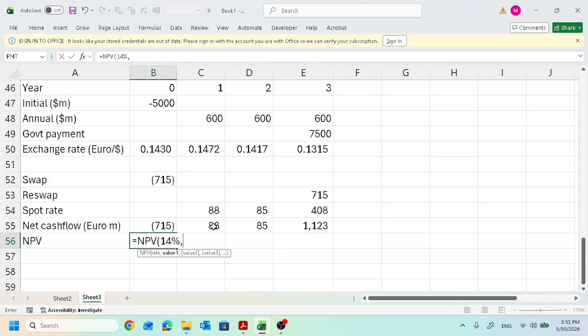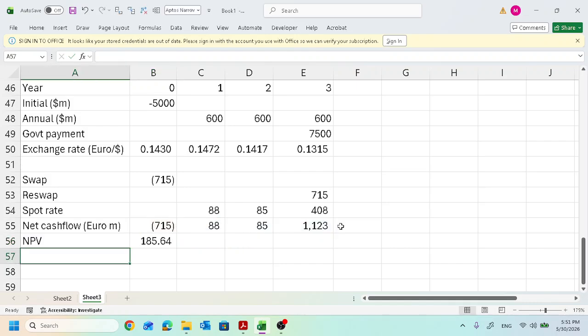Year 1 onwards the cash flow plus this. Please don't forget the NPV formula in the final exam, right? Year 0 cash flow is not included in the NPV formula. So year 1 onwards all the cash flow should be selected, close the bracket, then add the year 0 cash flow separately. You get 185.64. Okay, this is with the swap.